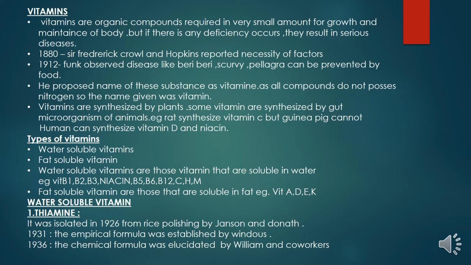So what are water soluble vitamins? First we learn about thiamine. What is thiamine? It was isolated in 1926 from rice polishings by Jansen and Donath. In 1931, its empirical formula was established by Windaus, and in 1936 the chemical formula was elucidated by Williams and co-workers.